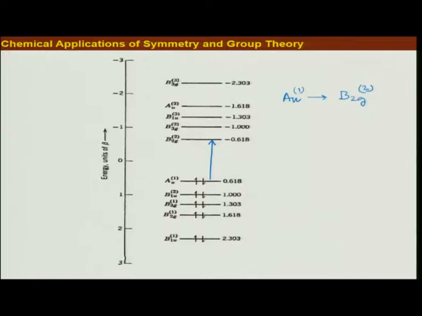So what will be the energy for this transition? That will be 0.618, the gap between these two states. So this will be 1.236 in terms of beta.